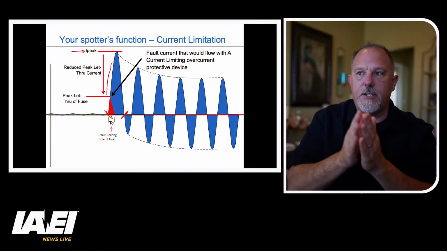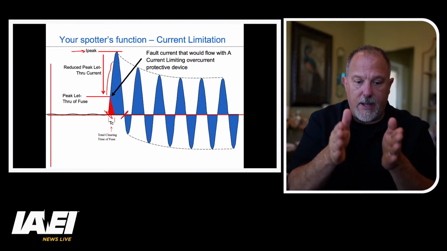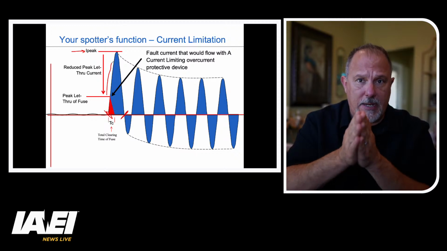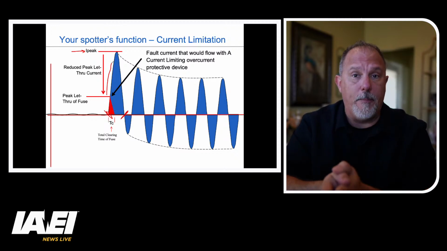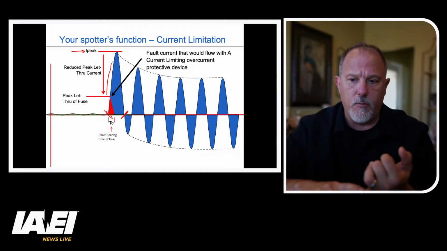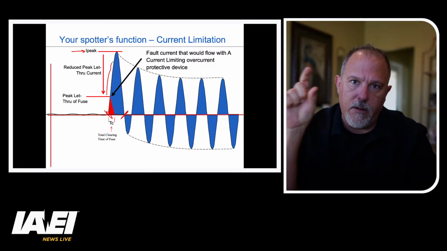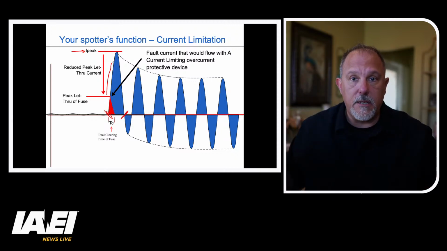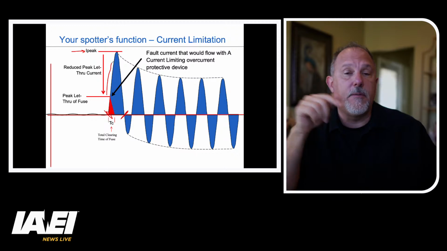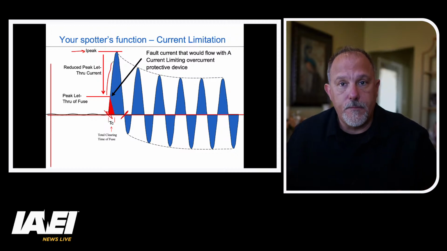So that first half cycle, that rate of rise, the amount of current change for a small amount of time, is what imposes the magnetic forces on the equipment, the conductors, the terminations, the industrial control panel, panel board, whatever it is. All of that force is because of that rate of rise change. The heat that's generated comes from that, but for the most part, the heat is coming from the duration that you let the current flow.